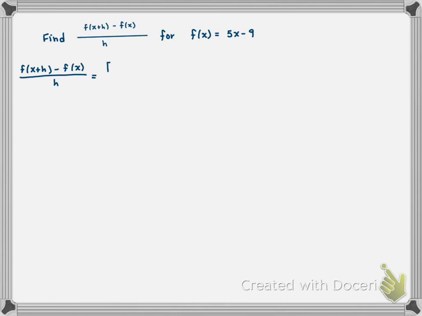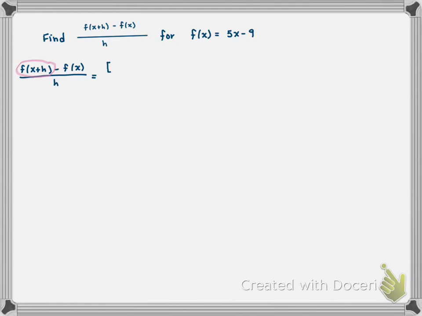So if I'm evaluating f of x plus h, what's my input? For this piece of it, what is the input? So remember, the input is what's in parentheses. So what's my input?